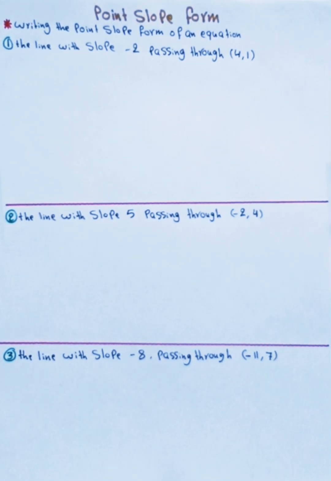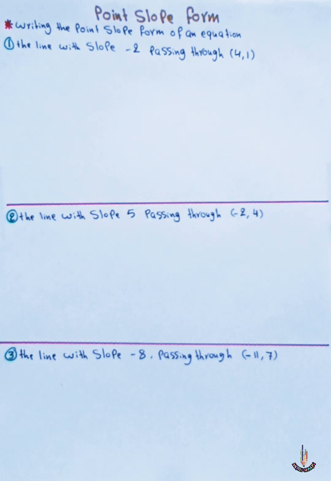The second part of this lesson, I'm going to teach you how to write the point slope form of an equation when we have the slope and a point. Example number 1, we have to write the equation in point slope form of the line with slope negative 2 and passing through (4, 1).